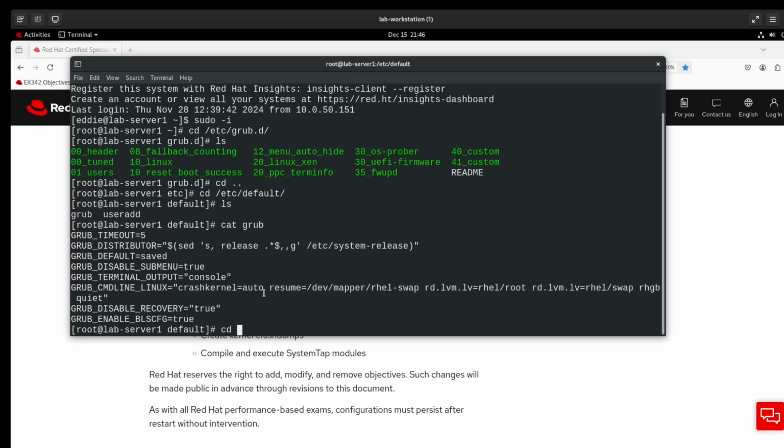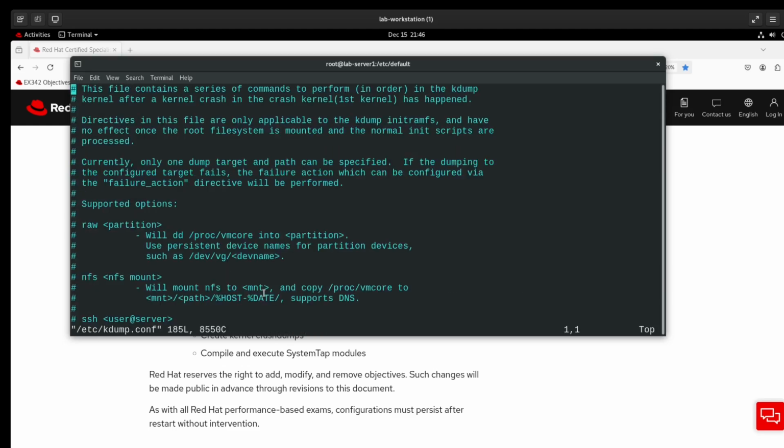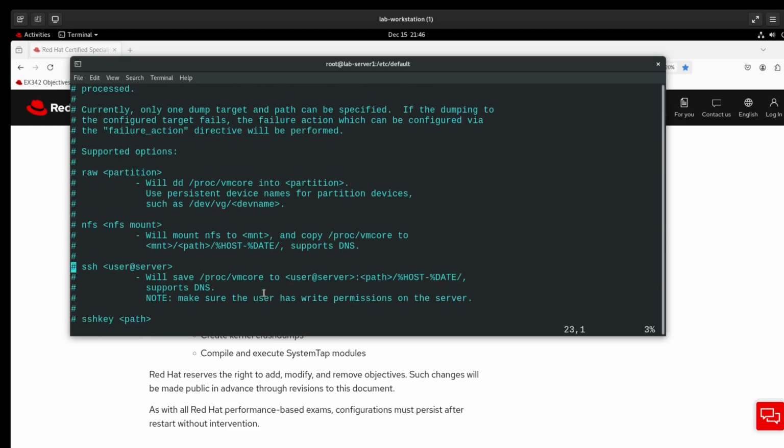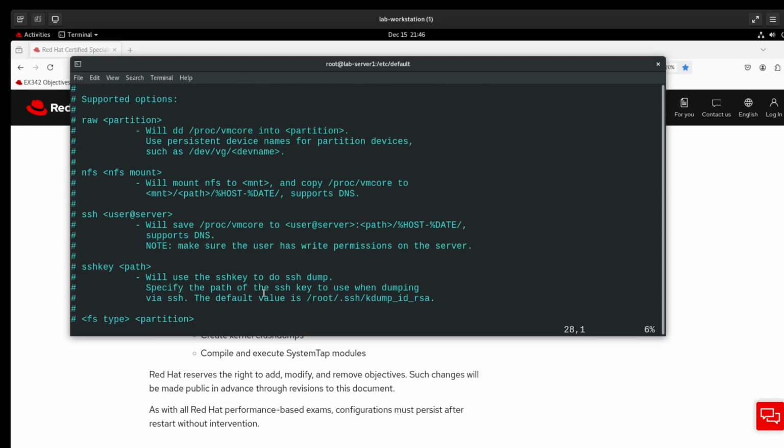I do want to go into the configuration file for kdump and talk through a couple of things here. There are different ways of storing the dumped information.